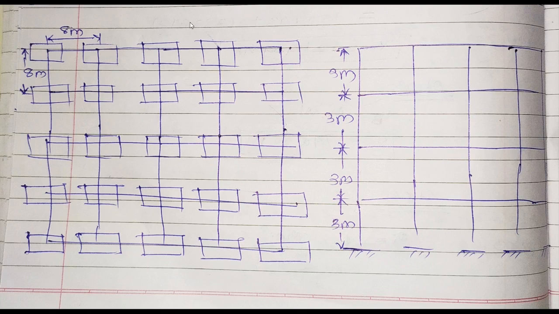This is the figure. We can see that plan dimensions are given as 32 by 32 meter, and it is a 4 story building, nothing but G plus 3. Height of each floor is given as 3 meter.